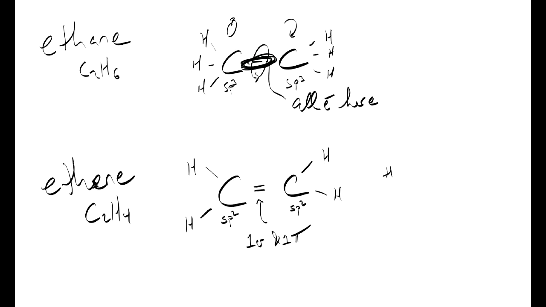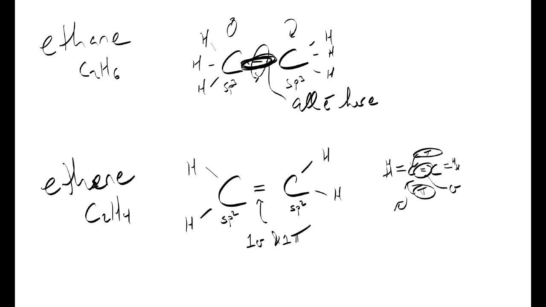Once again, let's look at it edge on, right? So we have our 2 hydrogens. For this molecule, you have your sigma bond in between, but you also have the pi bond above and below. What that means is that if you tried to rotate it, if you tried to spin either of these carbons, you would be pulling that pi bond apart.